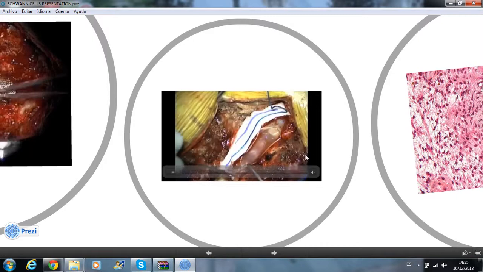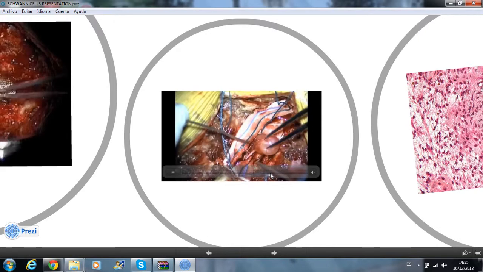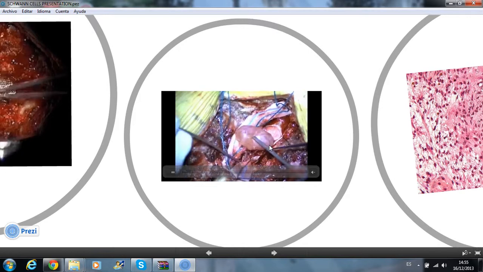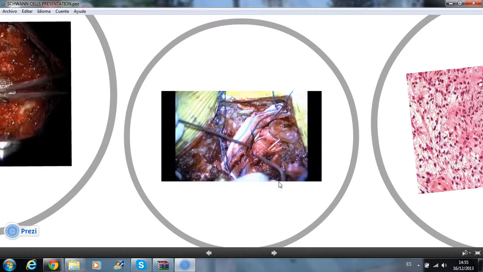Okay, we can see here how the cerebral fluid and blood is taken out and resected. Also, you can see here this big mass that is soft, very light, and it's vascularized. That's good, because the tumors that are vascularized have a good prognosis.